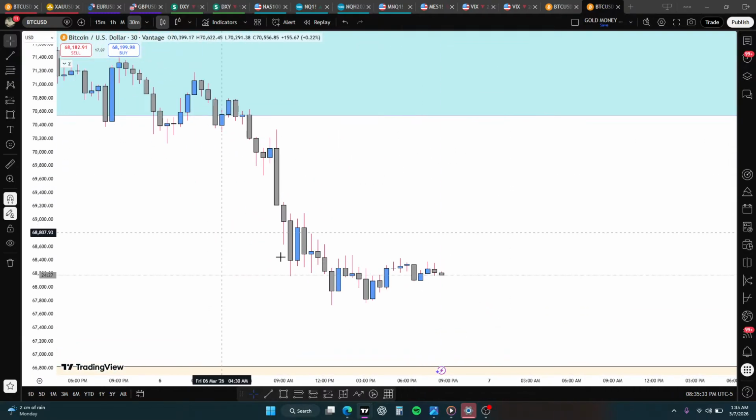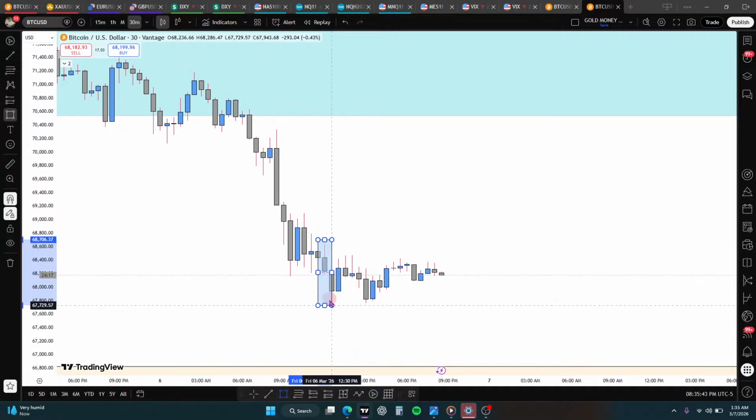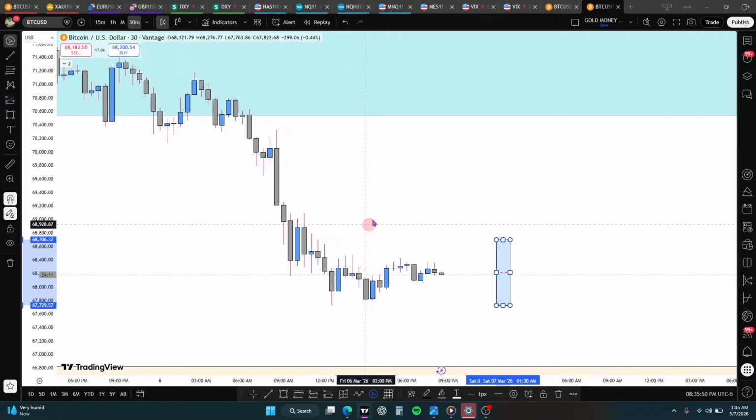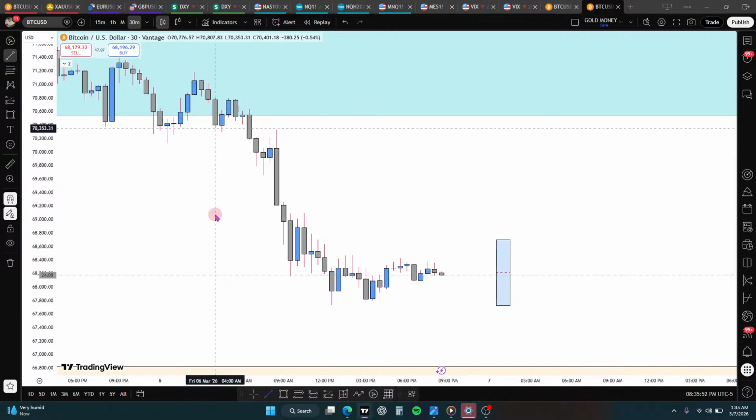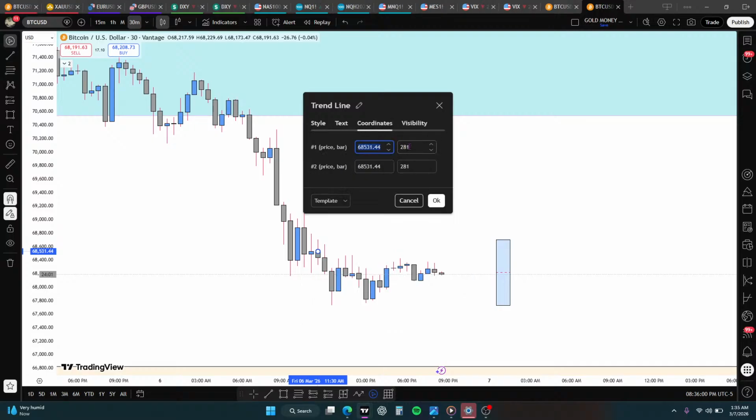So you can see how we have 1, 2, 3 consecutive bearish candles. That is a bullish order block, or that is what will be a bullish order block, on the condition that we trade higher than the open of the first candle in the 3 candle sequence.